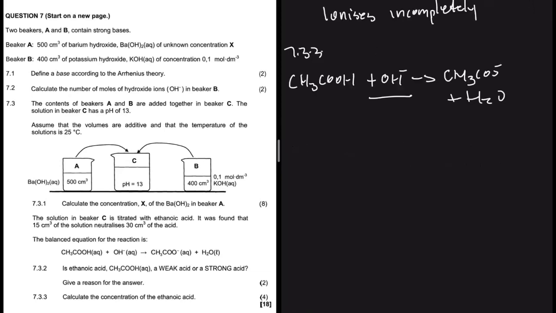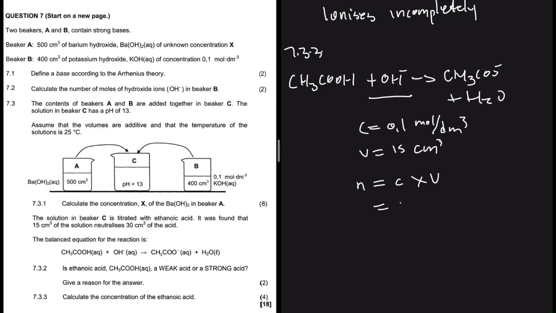So we determined the concentration of OH⁻ in 7.3.1, right? And it was 0.1 mol/dm³. And then we're given the volume to be 15 cm³, which we'll have to convert to dm³. So the number of moles equals the concentration multiplied by the volume.